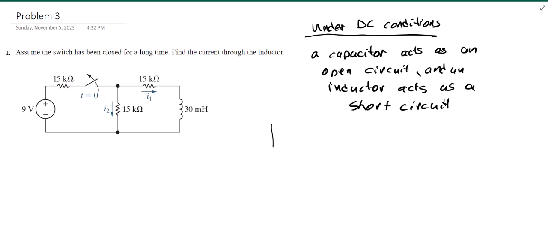A capacitor, the symbol for a capacitor is these two lines, and that's because many capacitors are parallel plates. So you have a parallel plate capacitor. It looks like this, two plates parallel to each other.